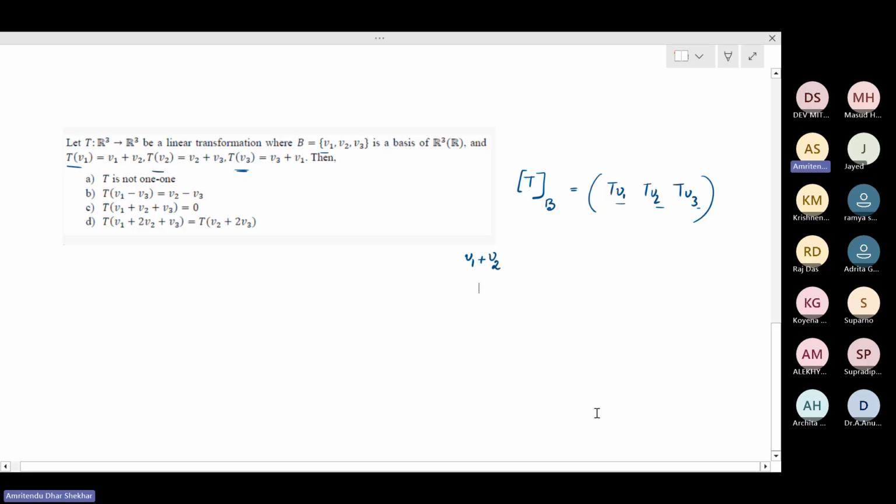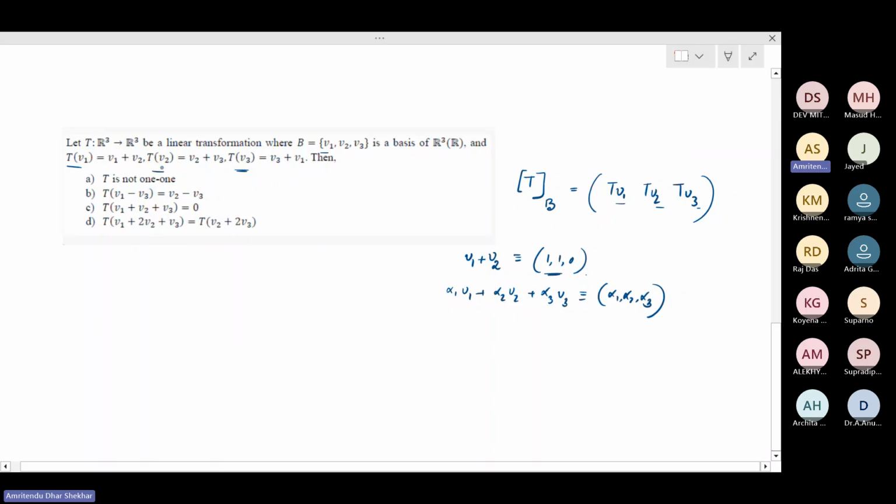Okay, so V1 plus V2 has a coordinate, and this coordinate is basically 1, 1, 0. So if you had a vector which looked like alpha 1 V1 plus alpha 2 V2 plus alpha 3 V3, then its coordinates would be equal to alpha 1, alpha 2, alpha 3. So the coordinate here is 1, 1, 0.